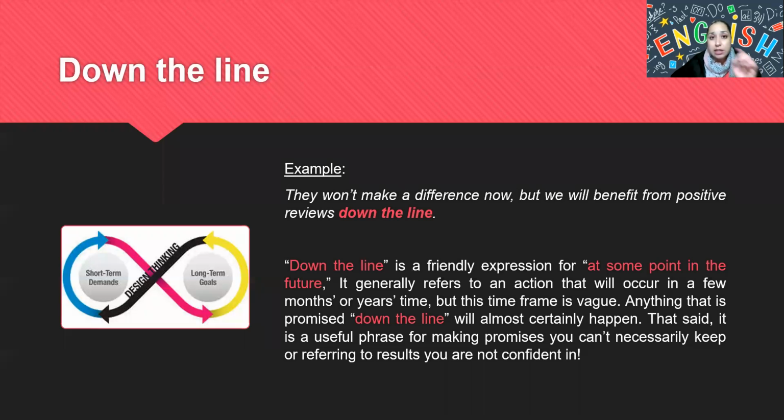So down the line is better for you. And it's also better for the environment to use renewable energy. Down the line, there is a profit for everyone. Down the line. Meaning, yes, it could be in the near future or it could be a long term. But yes, you are sure when saying down the line, something will happen. Down the line.